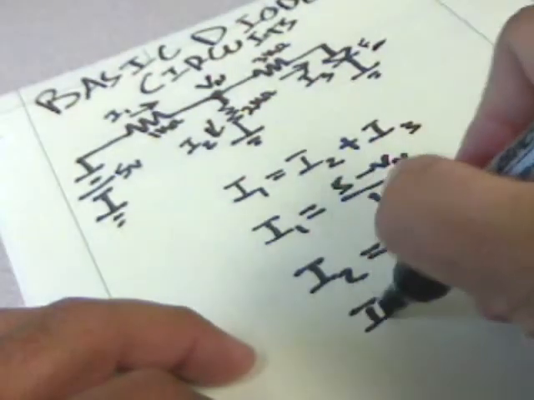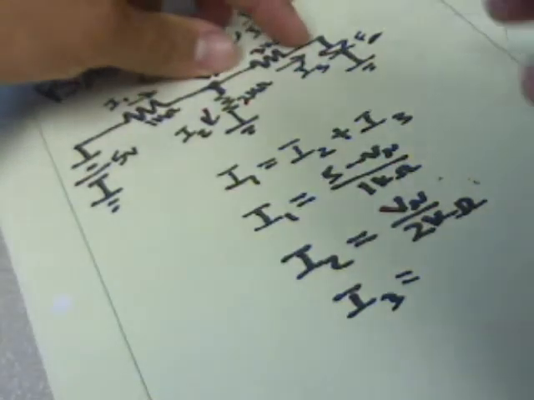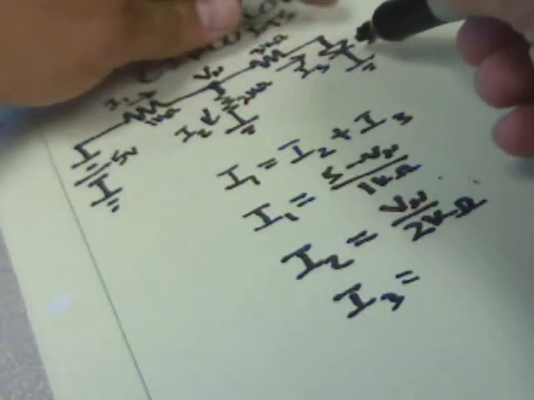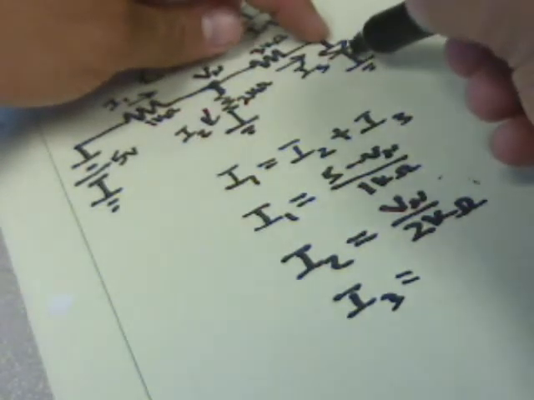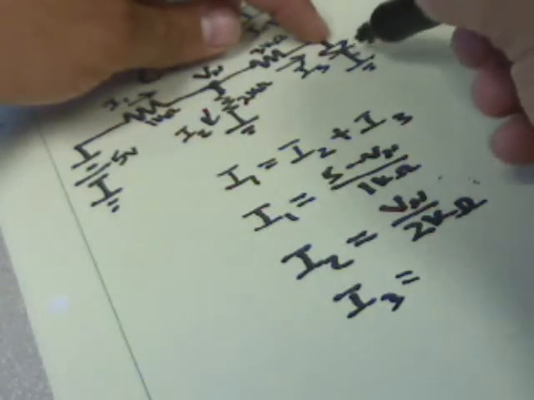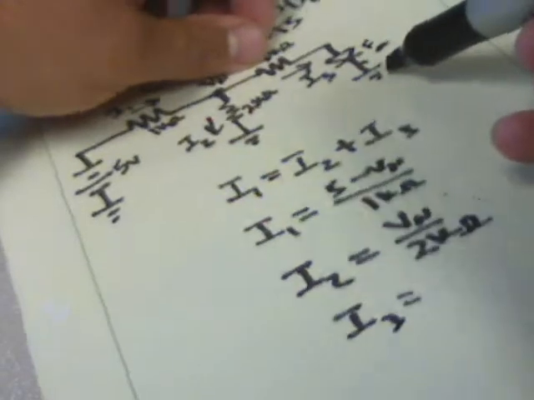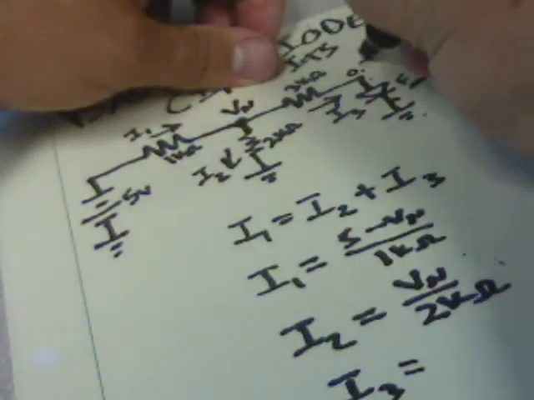And then I3 is going to be Vn minus, well, if this is forward bias, one of the things that means is that the anode side will be 0.7 volts higher than the cathode side. So we know this is 0 because it's ground, and that means that this has to be 0.7 volts.